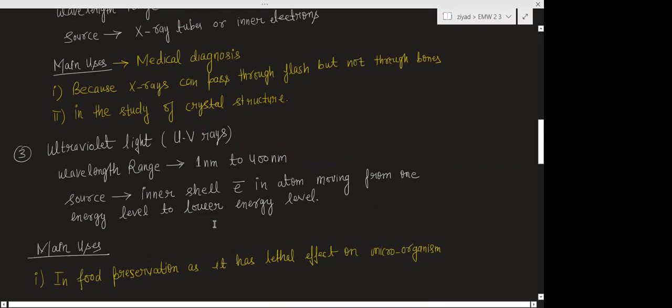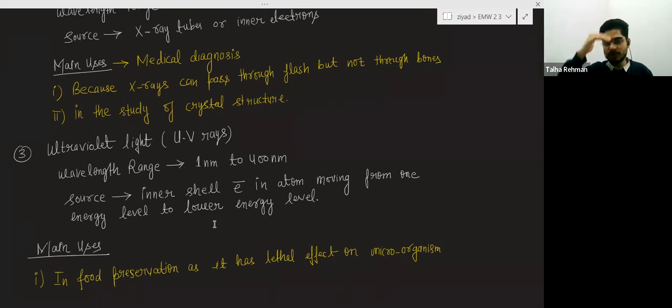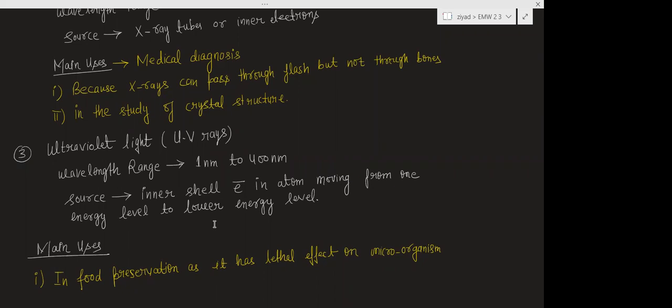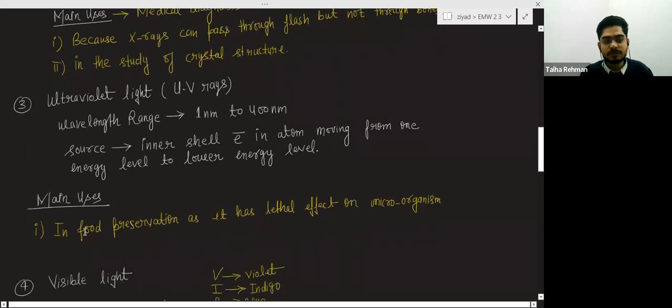If there are shells inside the atom and the electron moves from the higher energy level to the lower energy level, when this happens, the ultraviolet rays are produced. And what are the main uses? In food preservation, as it has a lethal effect on microorganisms. So this also can kill the microorganisms.